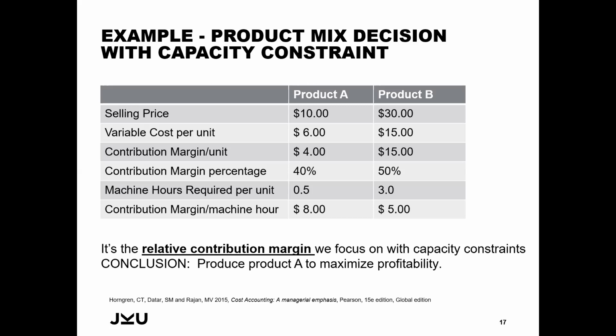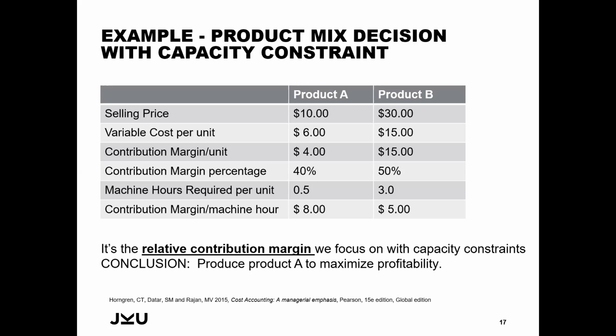In addition, and that is a very important part for a product mix decision, we also have, in this case, machine hours required per unit. So product A needs half an hour, machine hours. Product A needs half an hour to be produced on that machine.